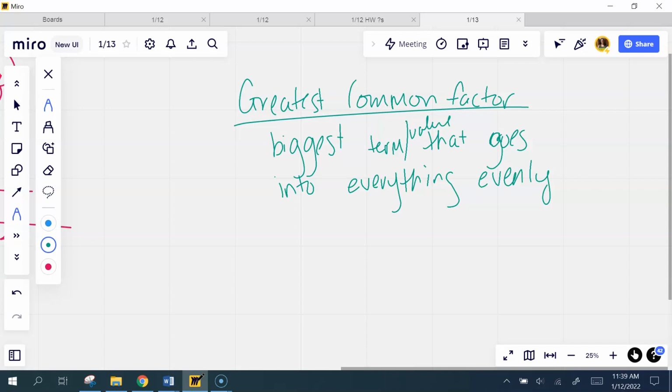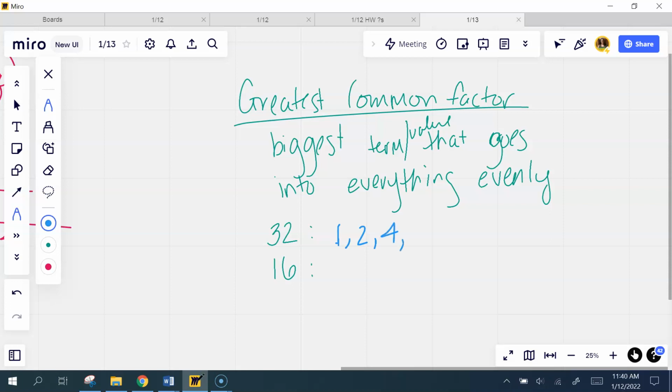So for example, if I had 32 and 16, I would start by listing all the factors, and you won't do this every time because you'll pick it up, but if I'm just learning how to do GCF, the factors of 32 are, of course, 1, 2, 3 does not go in, but 4 does.